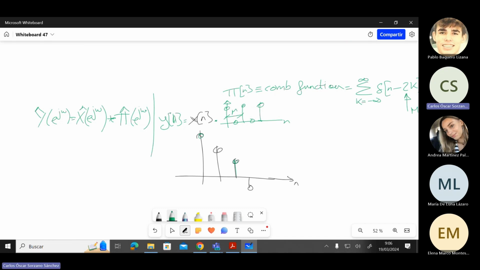You agree? Because it is the multiplication of two signals in real space, then in Fourier space it will be a convolution. So now we have to wonder, what is the Fourier transform of the comb? The Fourier transform of the comb is another comb.